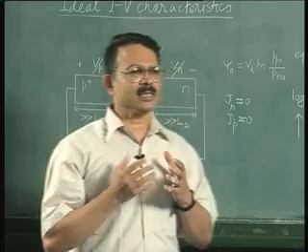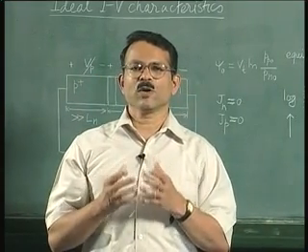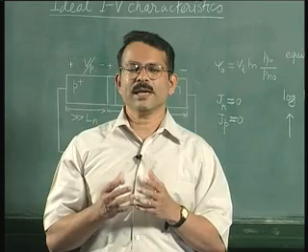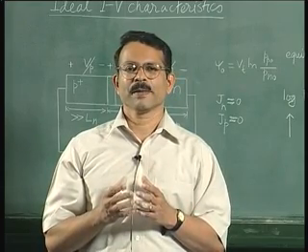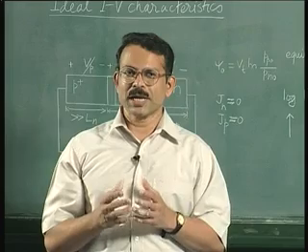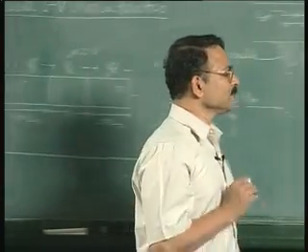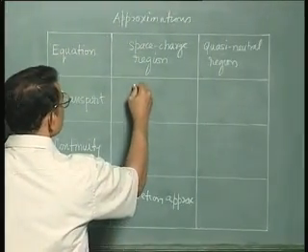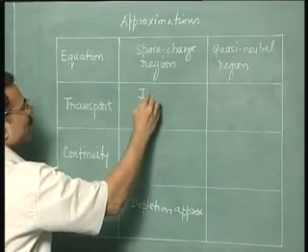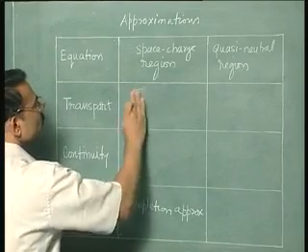This is a very important assumption that we are going to make to get the carrier concentrations for electrons and holes in the depletion layer under applied bias conditions. So let us list that assumption here. For the transport equations, the assumption you are making is Jn approximately equal to 0.